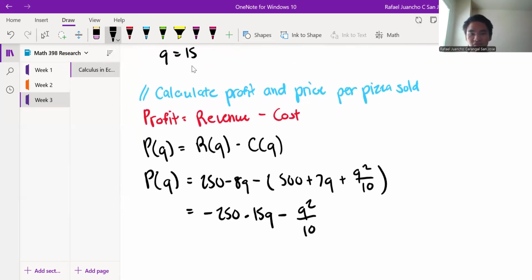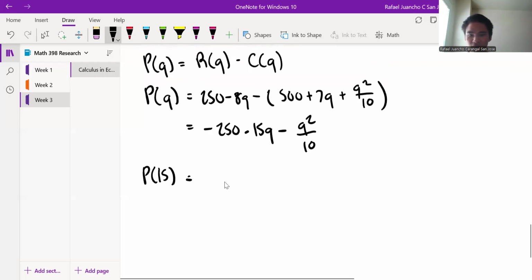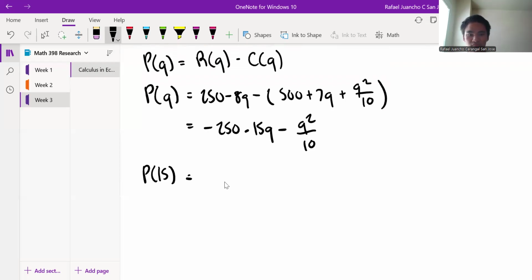And then here we plug in 15 to get what exactly is our profit. So we plug in 15. And we should get, let me see, minus 15 times 15 minus 15 squared over 10.